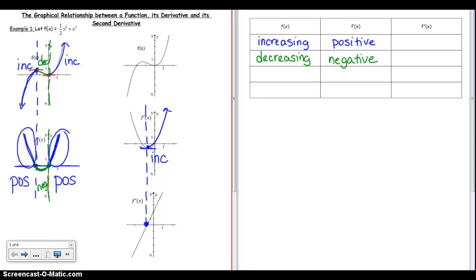So if we extend this down, you can clearly see that the second derivative is positive, where the first derivative is increasing. And then the first derivative is decreasing, and the second derivative is negative.